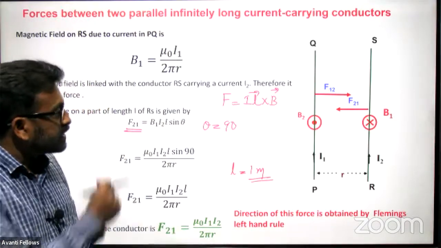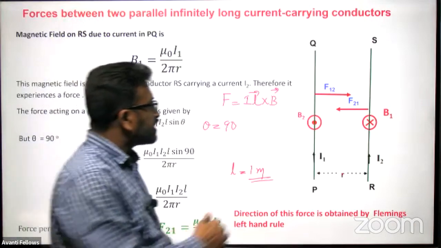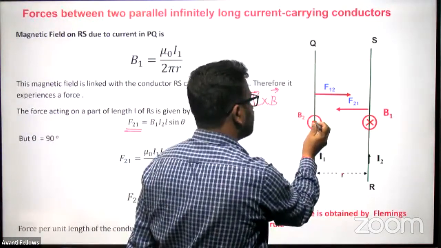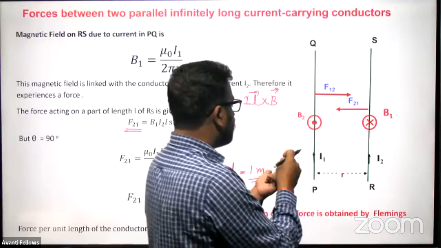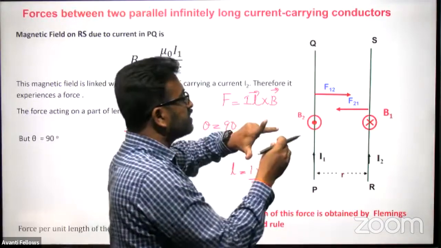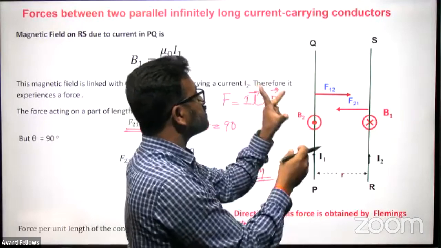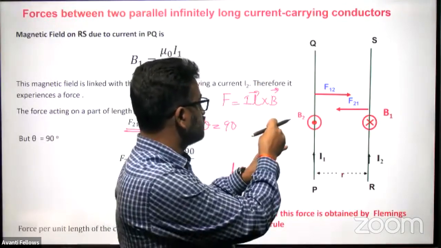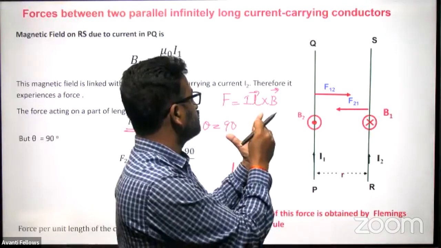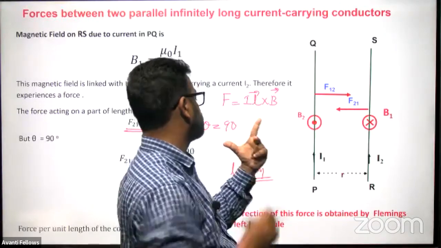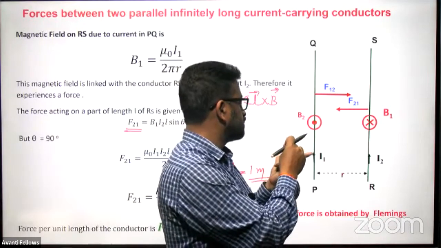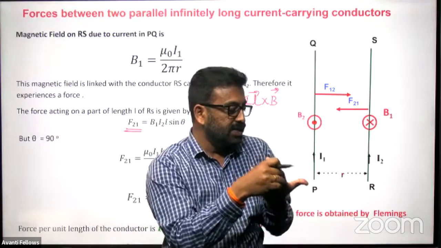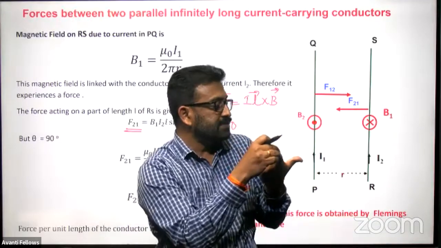Here the current is upward, and the magnetic field is out of the plane.